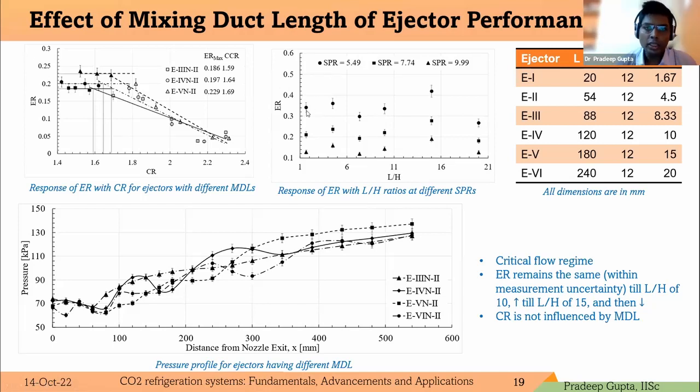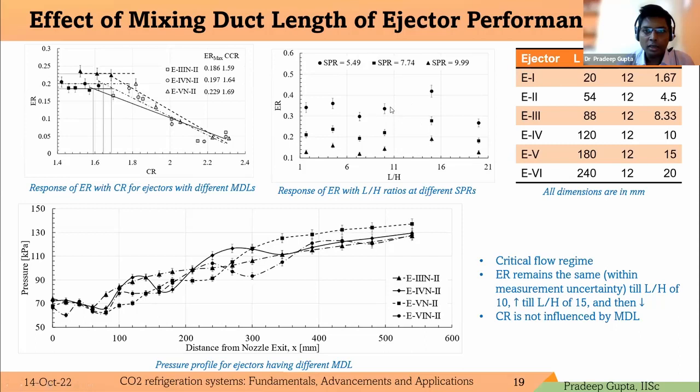The region of constant entrainment ratio lies in the mixing characteristics of the ejector, which I am not going to explain here, but we can say that the non-mixing length of these ejectors is around 10 times the L by H for these ejectors. In that region, there is no significant change in the entrainment ratio when the mixing duct length is less than that non-mixing length.